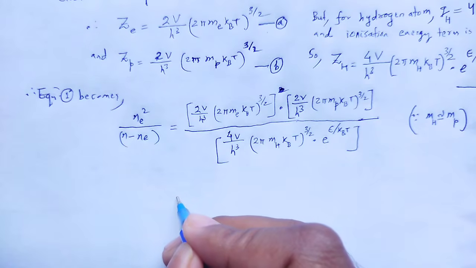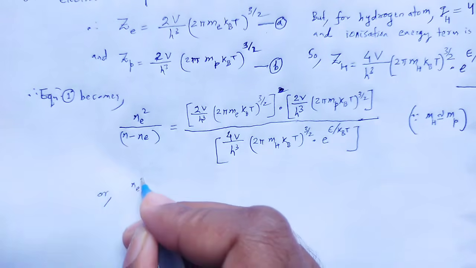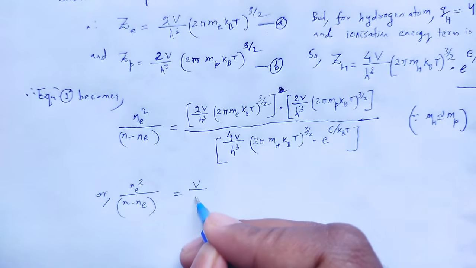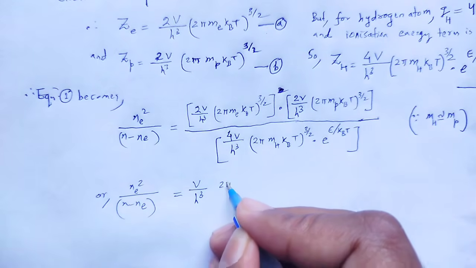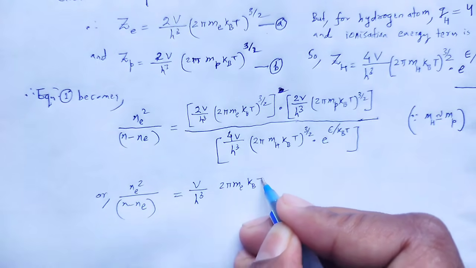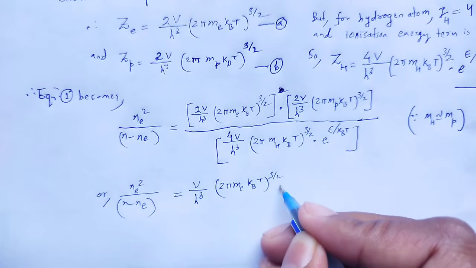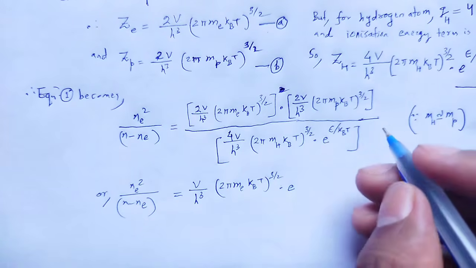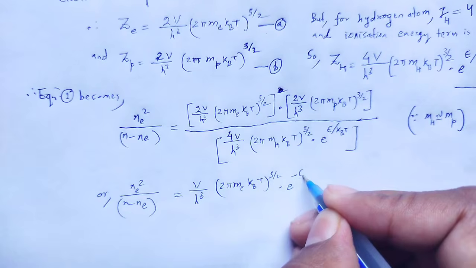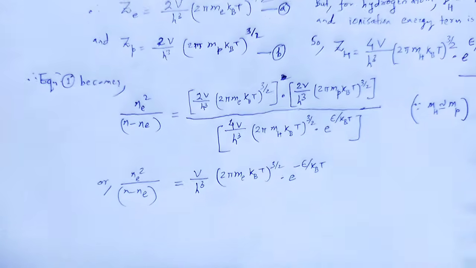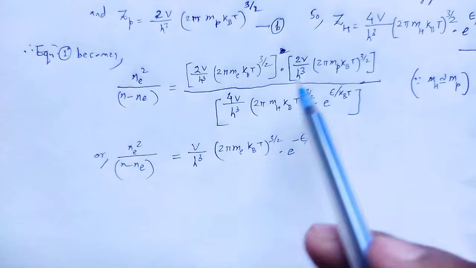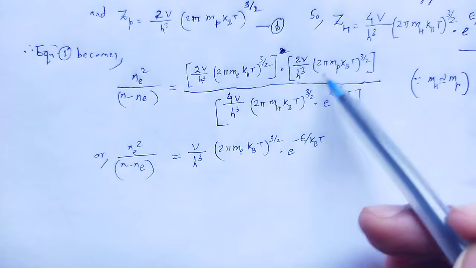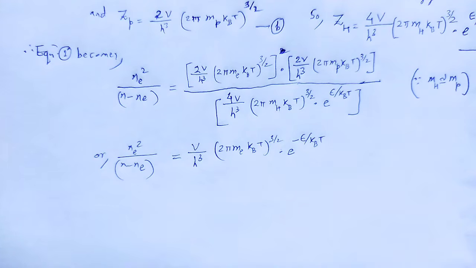So, the expression will be written like that: n_e square divided by n minus n_e is equal to V divided by h cube, (2π m_e k_B T) to the power 3/2 into e to the power, the term from the numerator side will be minus epsilon divided by k_B T. These terms are cancelled out. So, mass of proton and mass of hydrogen terms are cancelled out, only mass of electron will be there.